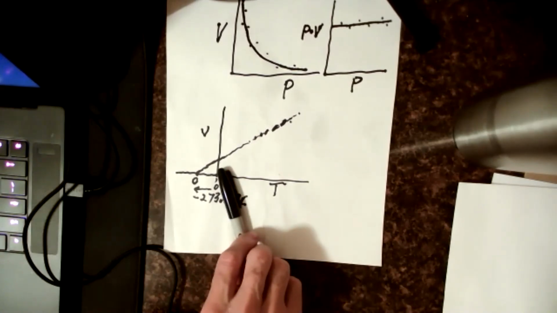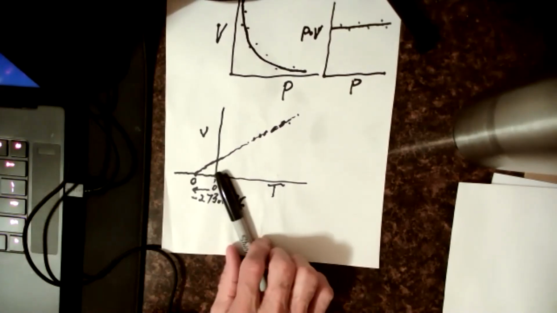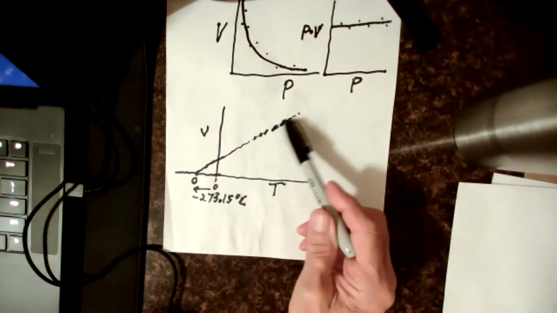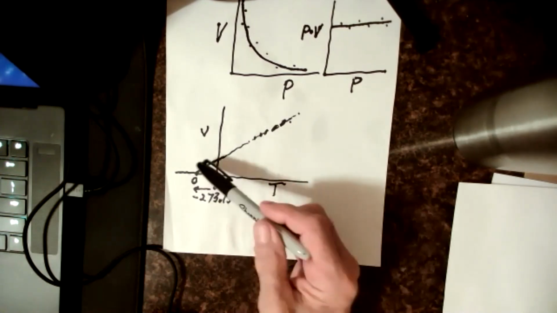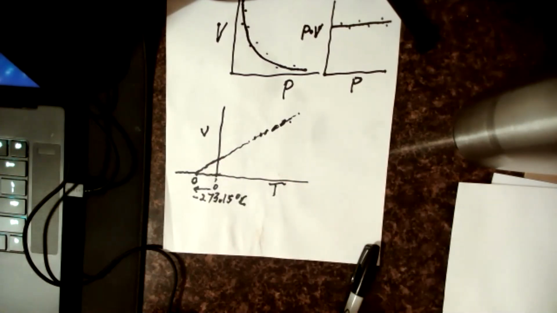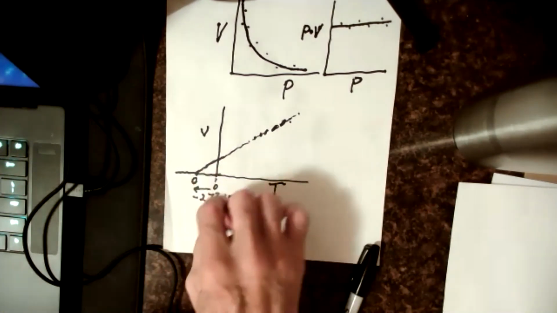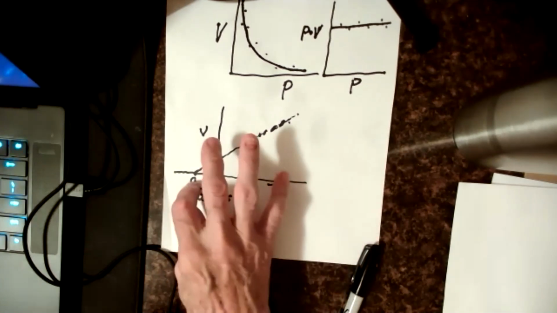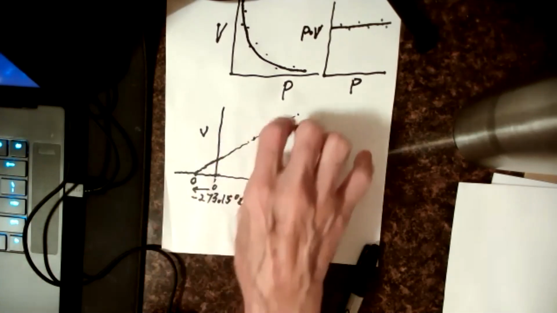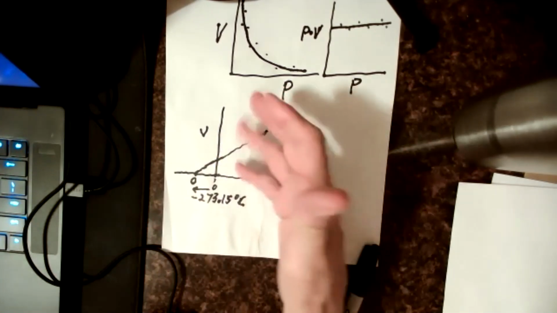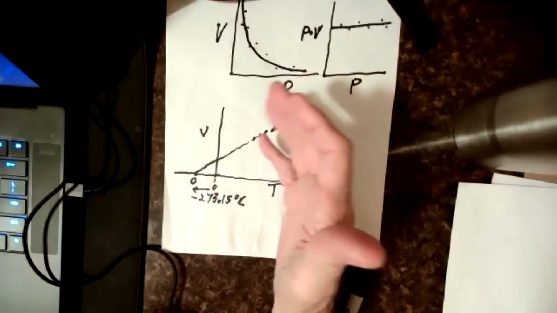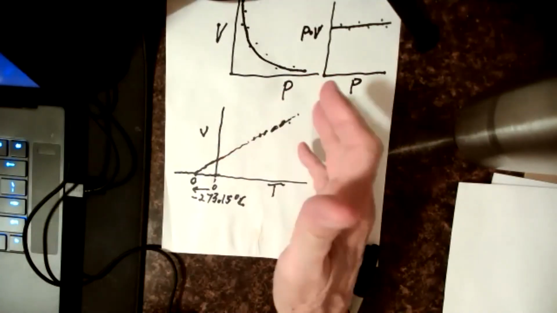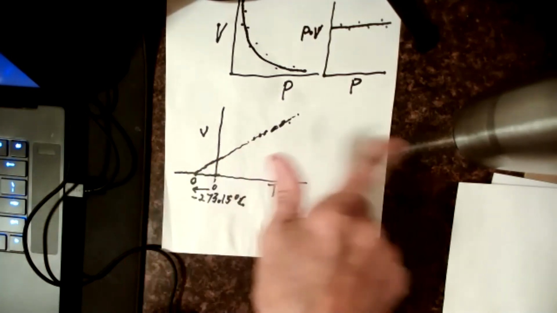But this is an experiment that you can do, and we used to do this in the lab. We would look at carbon dioxide and start cooling it down and heating it up and do a graph like this, and then estimate where absolute zero is in terms of Celsius. If we did this in Celsius degrees, we could find that intercept. And of course, it's really easy in Excel because all you do is tell it to give you the equation for the regression line, and it'll be y equals mx plus b.